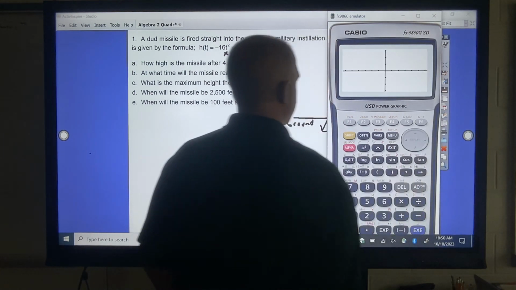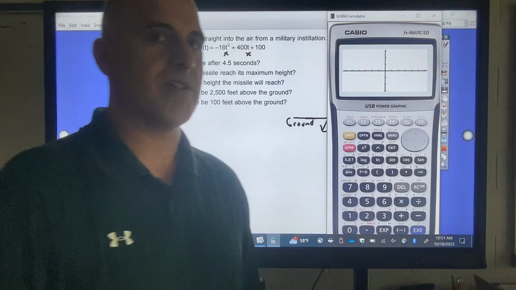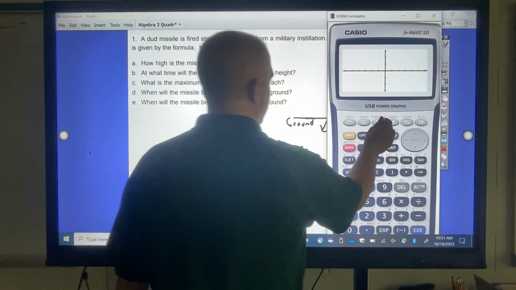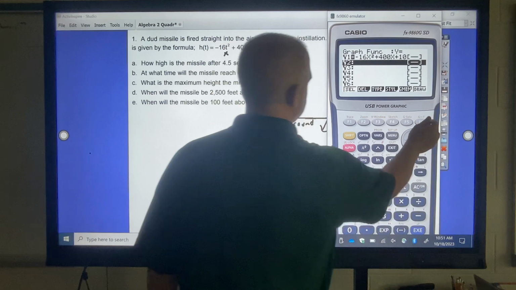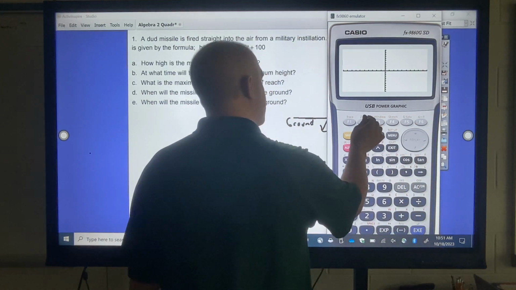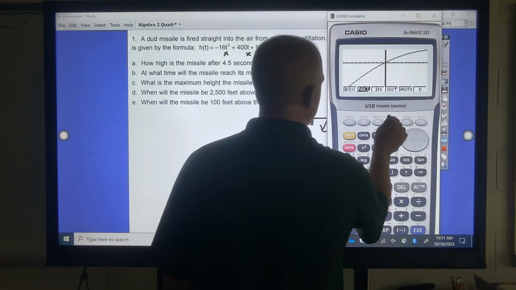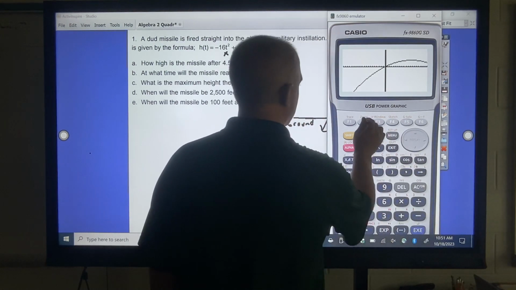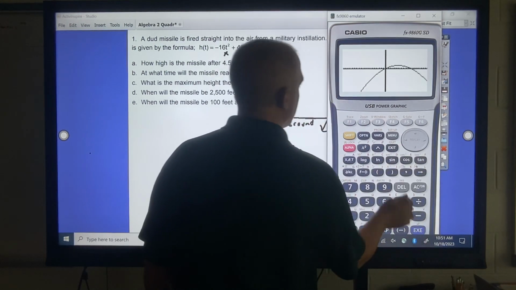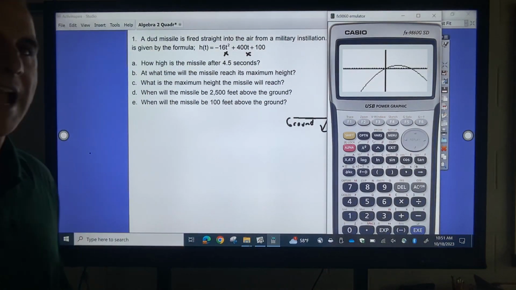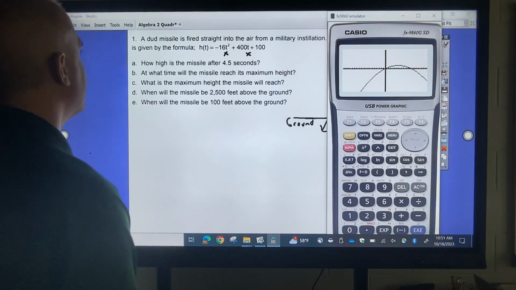Draw. Now, you may get all kinds of weird screens. A couple things you may want to do: hit F3 twice, exit, then draw. If you still don't see anything, hit zoom, auto, and then hit zoom out, execute, zoom out, execute. And now you can see the graph. So zoom auto oftentimes will help.